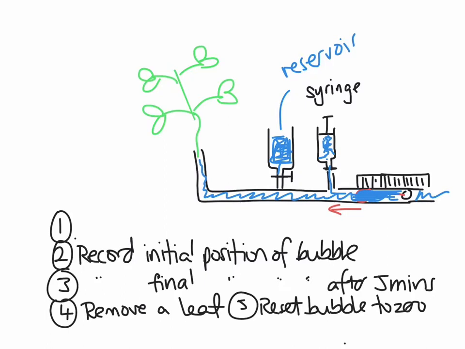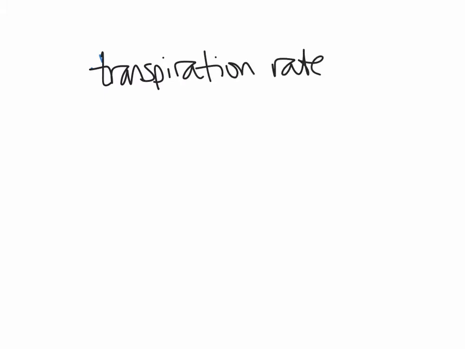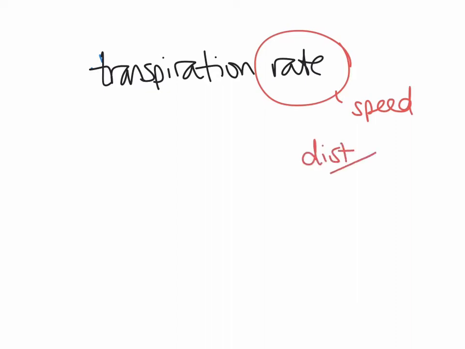Now, one point we need to mention, transpiration rate. So when you see the word rate, another word you probably think of would be speed. So in maths, you learn that speed is distance divided by time.